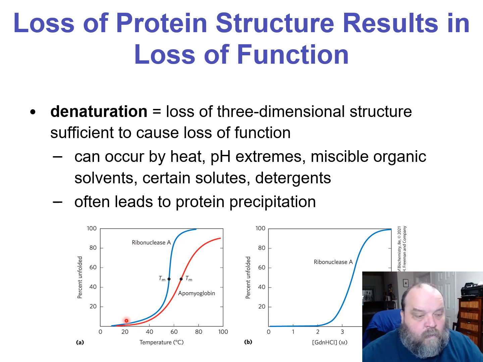This is just what's going on. But then as it hits this point here, 45 degrees Celsius or so, boom, shoots up. By 50, the majority of it, gone. Denatured, unfolded, no longer functioning.